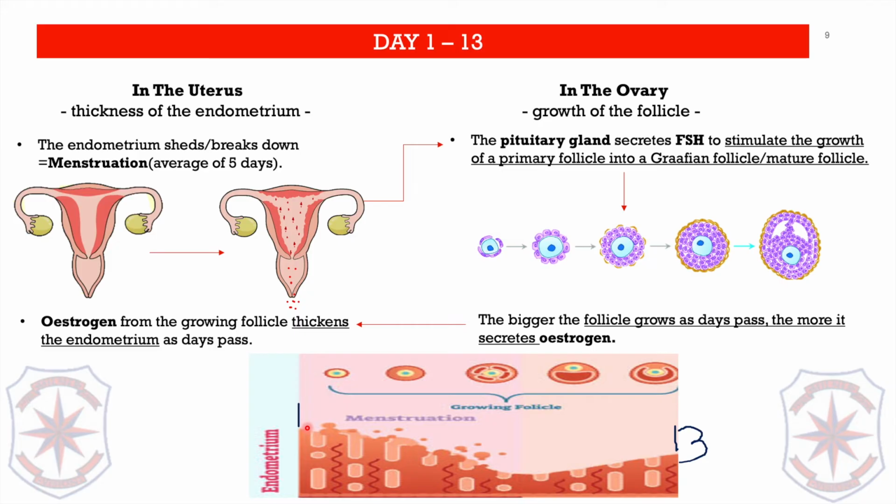Remember, we said from day 1, the first thing that happens is that the uterus lining, the endometrium, will shed. And that we call menstruation. And that usually takes an average of 5 days. So menstruation is the shedding of the endometrium.